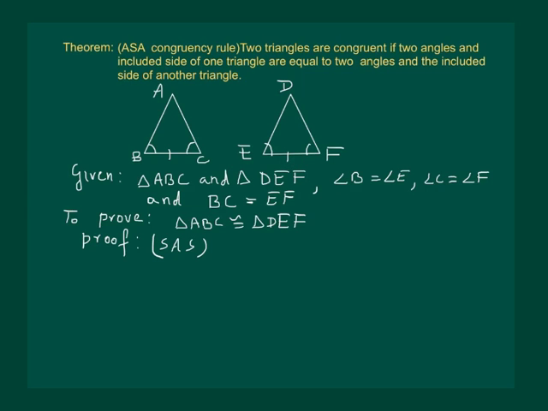But it is not given, so three cases arise, that is, either AB will be equal to DE, or AB will be greater than DE, or AB will be less than DE. Let us take each case one by one.